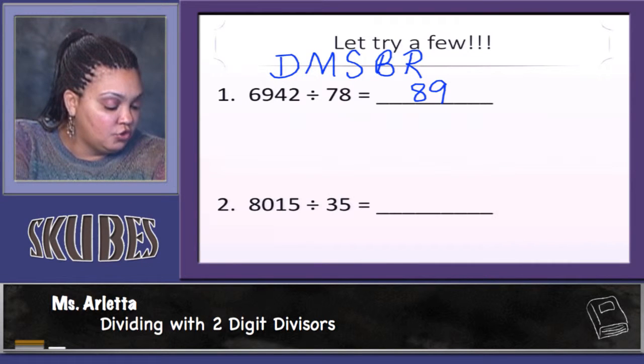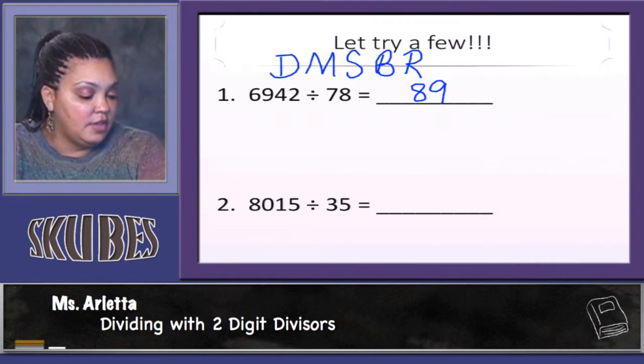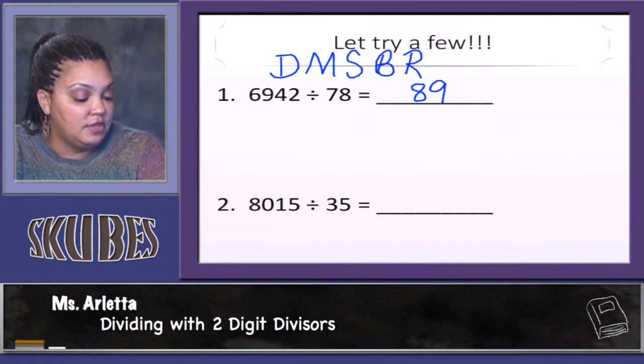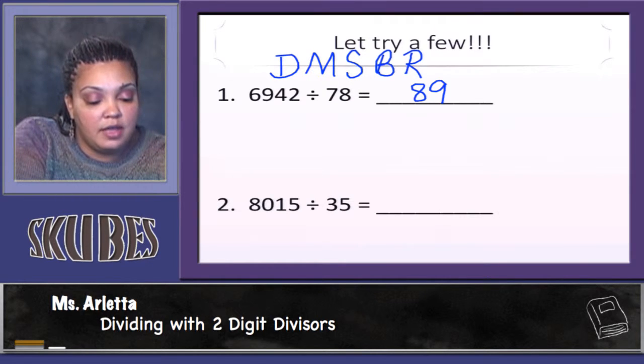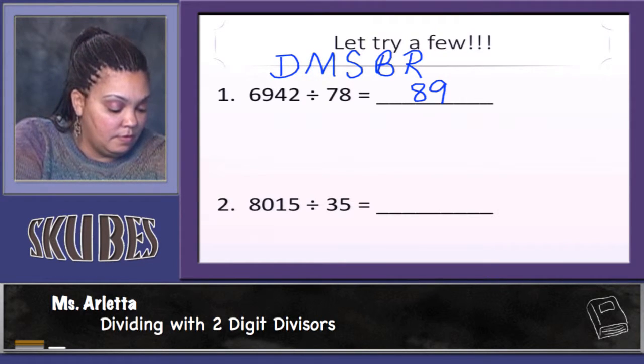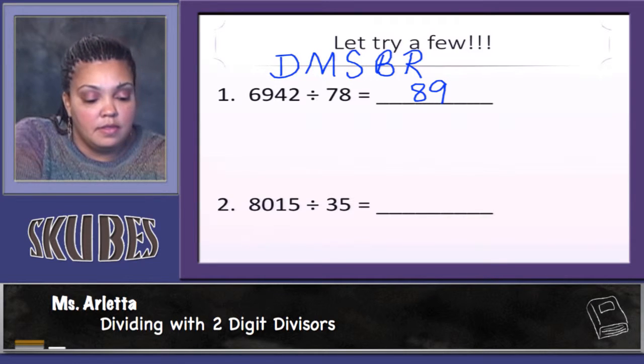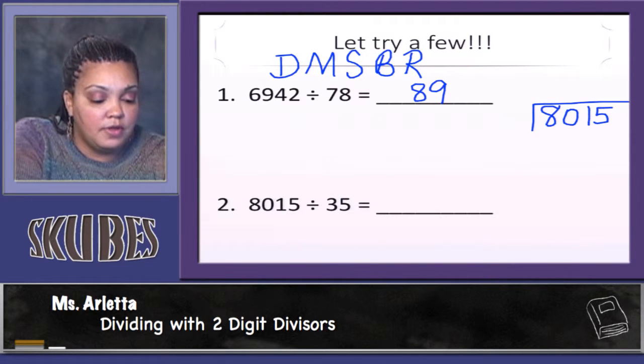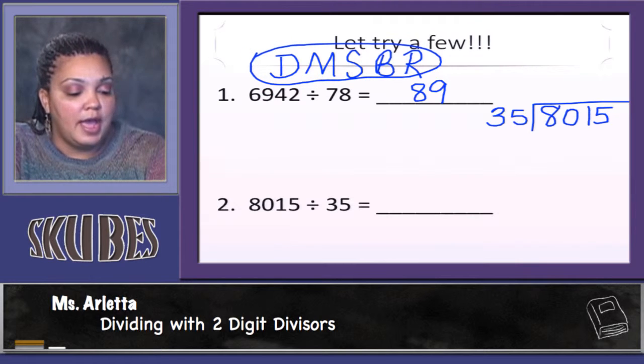Now we're trying to find a quotient for the next problem. And the next problem is 8,015 divided by 35. Okay, so now we're going to divide 80 divided by 35.